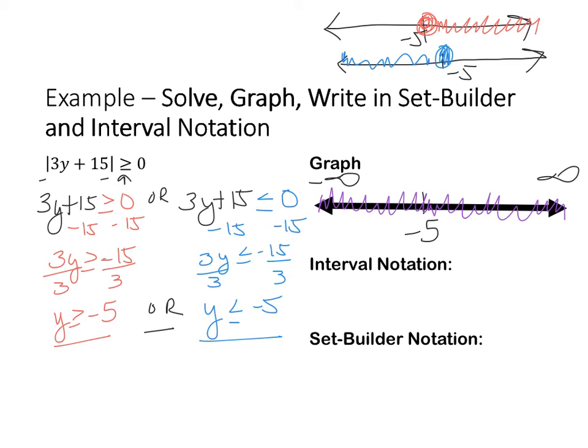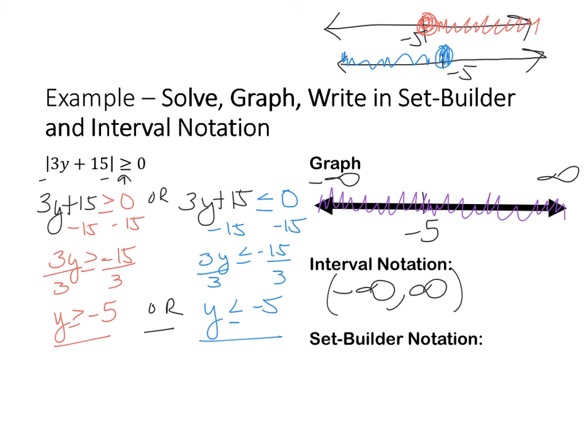So what that means for my interval notation is that any real number is going to work in this inequality. So I can write this 2 ways. I can write from -infinity to +infinity, and that's most likely the way you're going to see it.